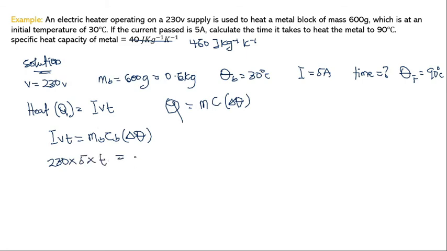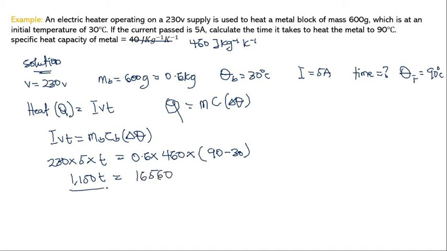The mass of the ball is 0.6 kilograms, multiplied by the specific heat capacity of the ball, 460, then multiplied by the change in temperature, which is 90 minus 30. If we multiply 230 by 5, we get 1150 multiplied by the time, to be equal to, if we multiply everything over here, 16,560.